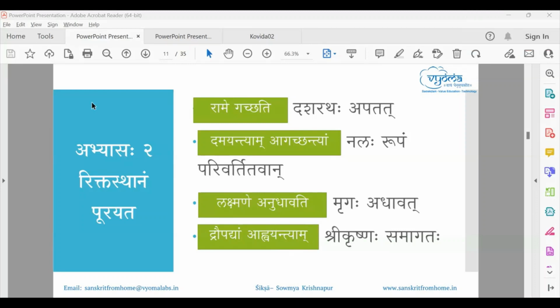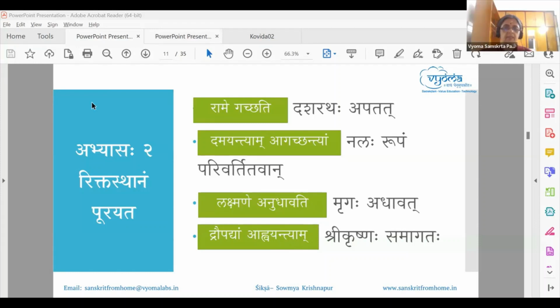So it could be Agvantyavati also, is it correct? In Sathi Sapthami, the Nyapaka Kriya, that is the Kriya which indicates the time of the other action, will be in Saptami. So, Ahvayanti is a Prathama Ekavachanam. This is the Ikaranta Strilinga Shabda. Draupadi Ahvayanti Asit. Shri Krishnaha Samagataha.